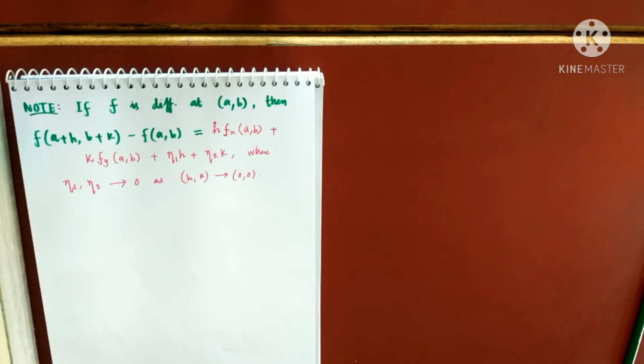Another thing to note is that the converse of this theorem is not at all true. That means even if the function is continuous at a comma b and both the partial derivatives exist at a comma b, still the function may not be differentiable at a comma b.